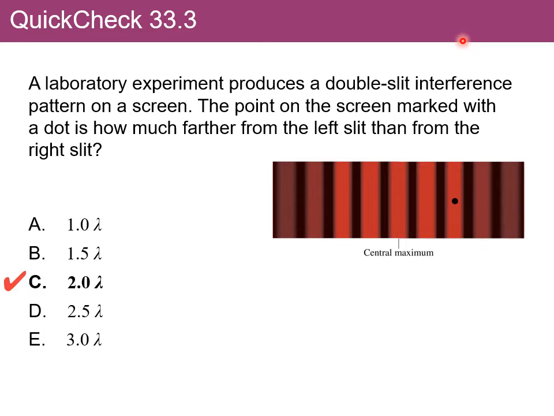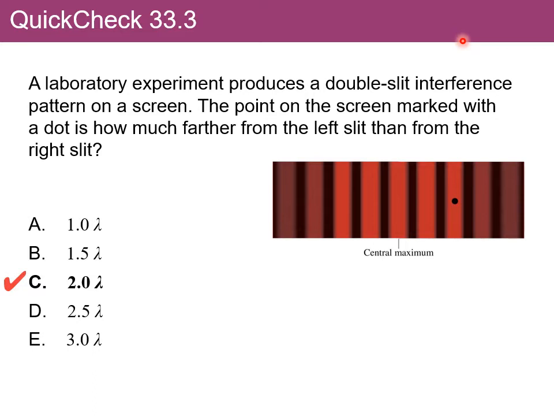The central bright fringe corresponds to m equals 0. The dot is then on the m equals 2 bright fringe. Ray 2 must have traveled an extra 2 wavelengths compared to ray 1 to produce this fringe, so the dot must be 2 lambda further from slit 2 than from slit 1.